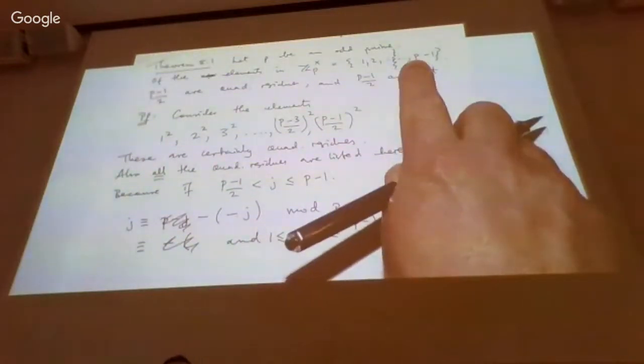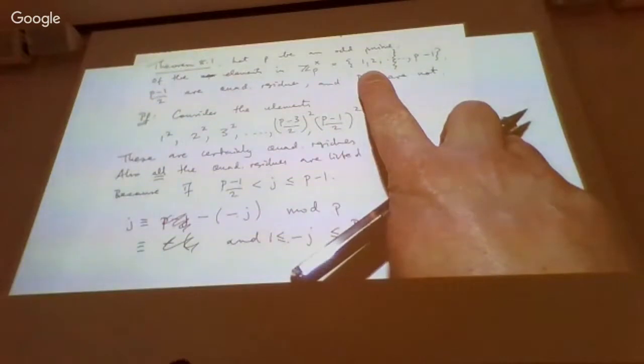Any number in the second half can be expressed as the negative of one of the numbers in the first half.